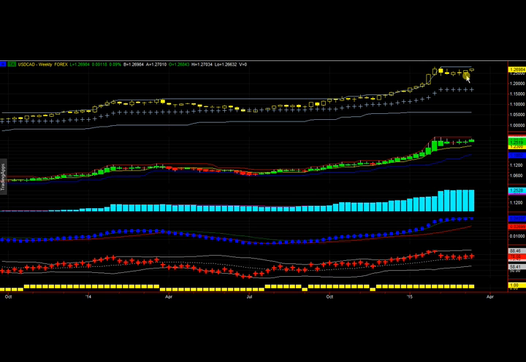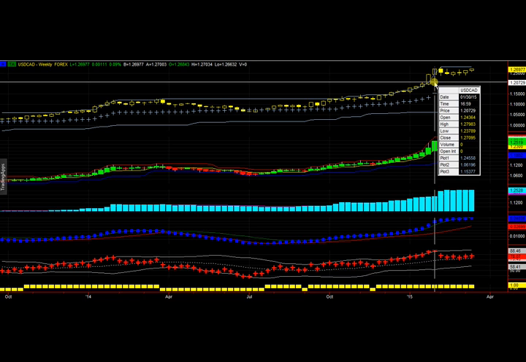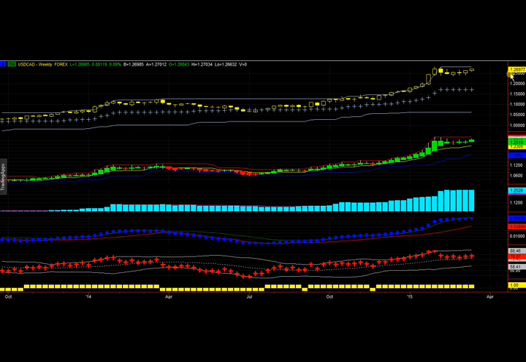Now, our marker here, as you can see, we registered a high about 6-7 weeks ago right here on that bar. That was the week ending January 30, 2015. The high there was 127.98. We're currently trading at 126.98, so exactly a figure below that high.